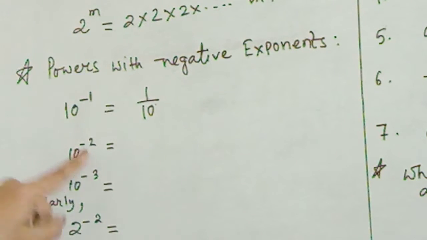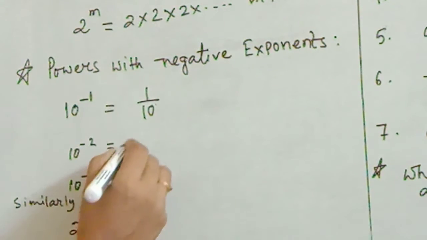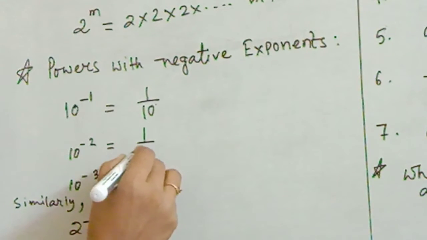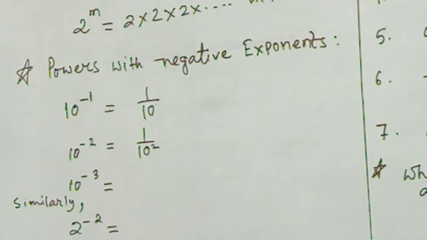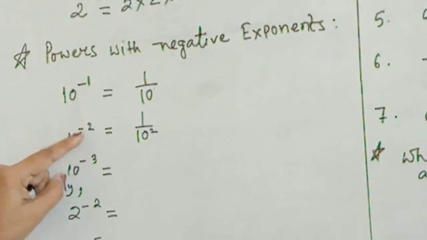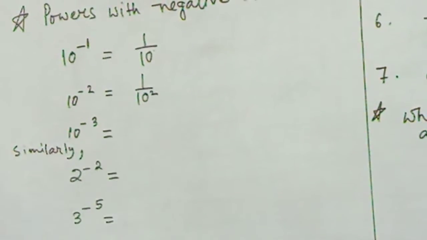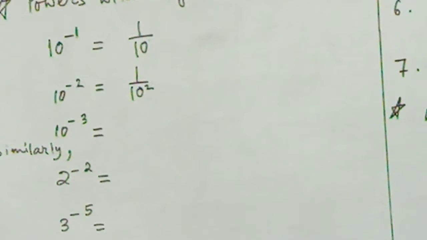Say 10 to the power minus 2. So we will write 1 by 10 to the power 2. This negative sign, when it goes to the denominator, becomes a positive power.